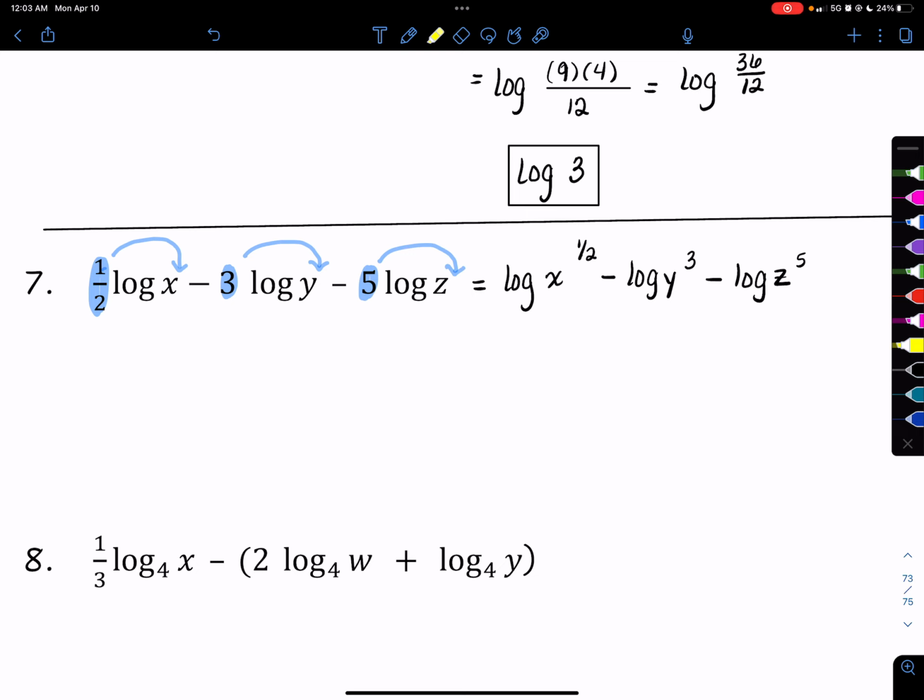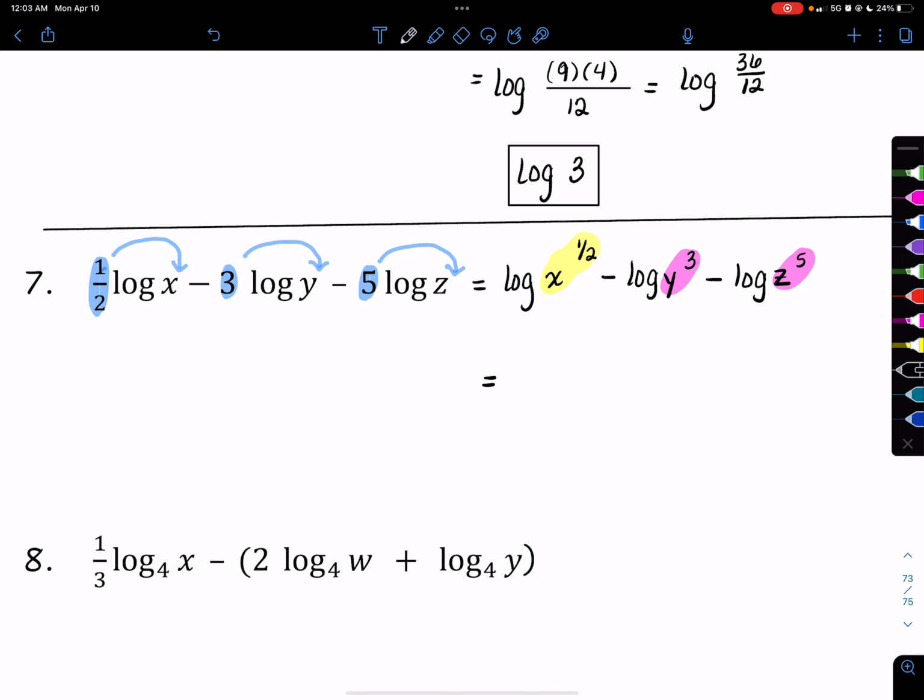X to the 1/2 power is a positive log term, so that'll go in the numerator. y to the third is part of a negative log term, so that'll go in the denominator. And z to the fifth is part of a negative log term, so that will also go into the denominator.